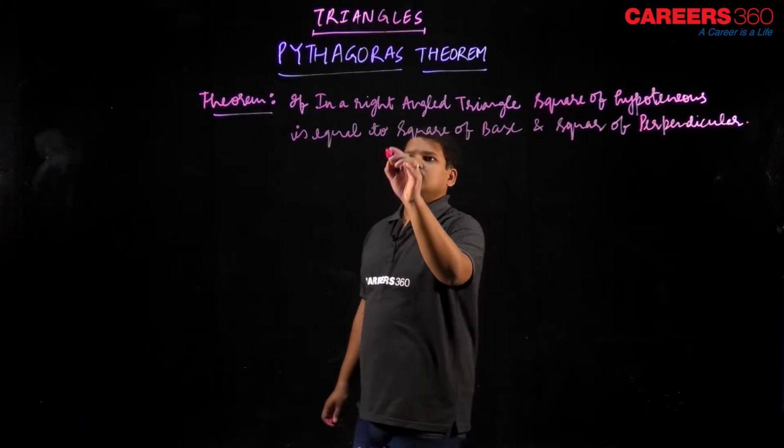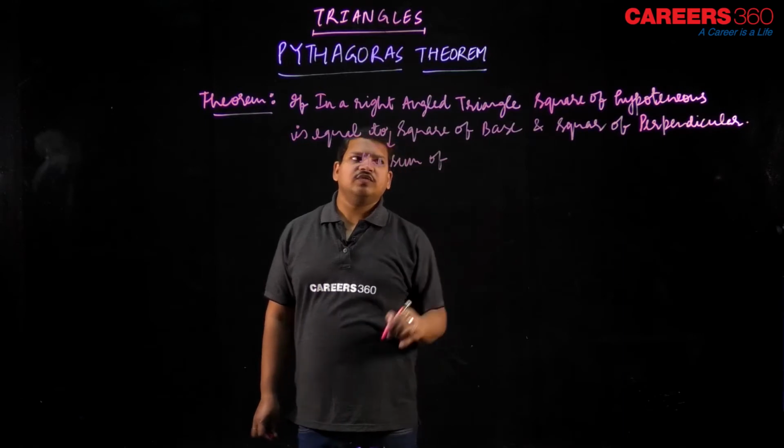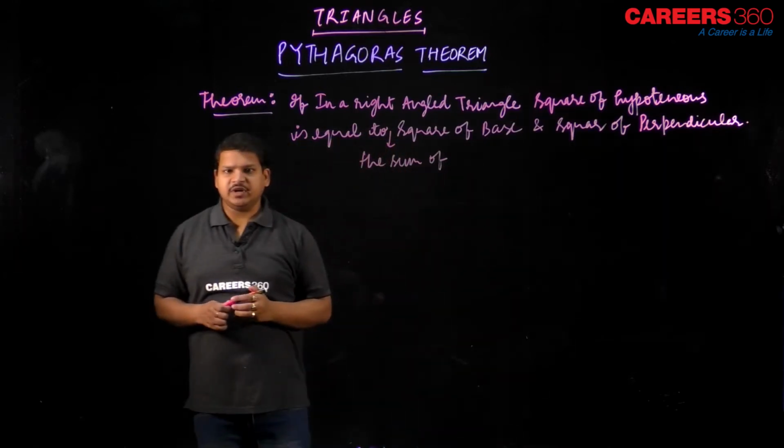So it is equal to the sum of the squares of the base and the perpendicular.